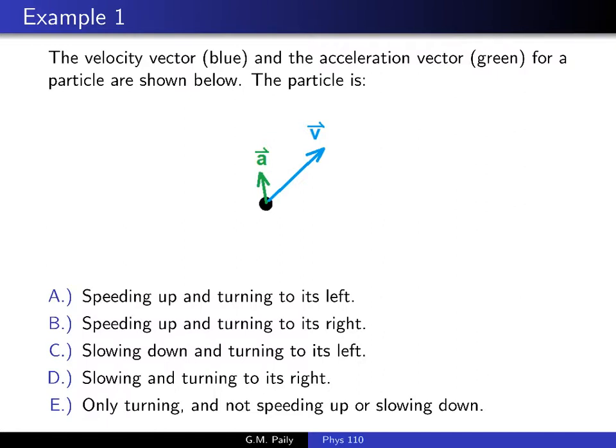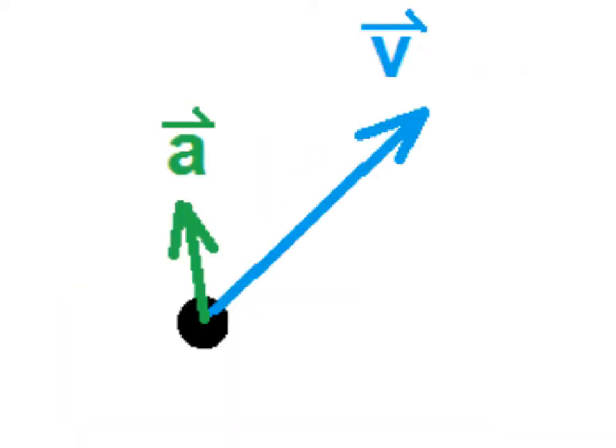The simplest way to answer this question is to break up the acceleration into two components. One component lies along the line of the velocity, and the other component lies perpendicular to the velocity.